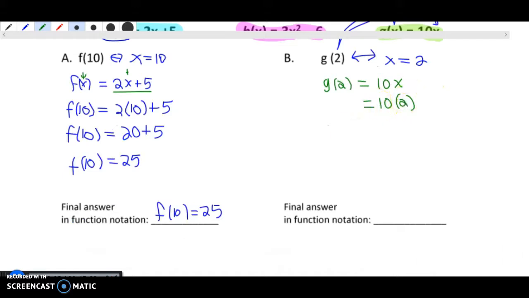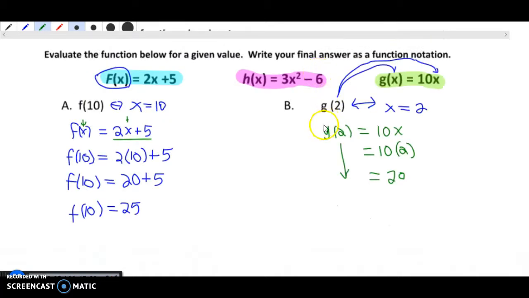Replace x with 2. We get 20. And you could just simply draw an arrow going down if you are too lazy to work on the left side. So simply write this as function notation. You'll say g of 2 equals 20. So there you go. We evaluated using the function notation.